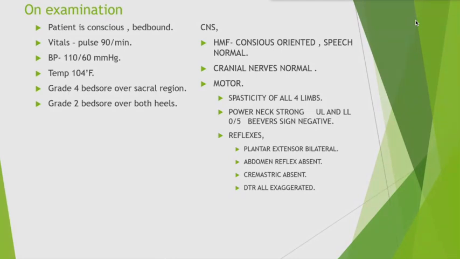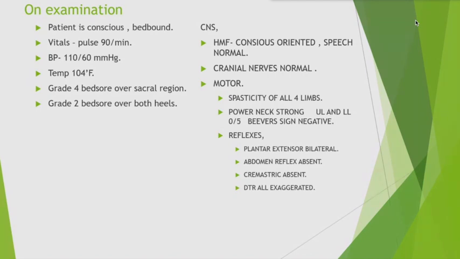And how do you localize C7? Extension of the elbow. Very good, the triceps power you are checking. So this is how you localize C5, C6, C7, C8, T1 in the upper limb.